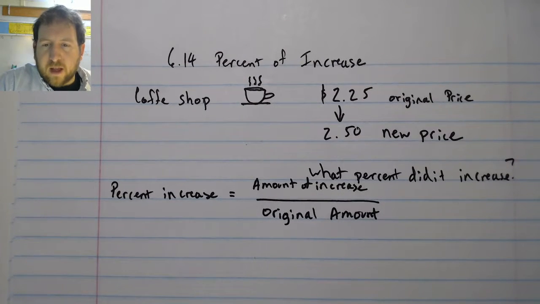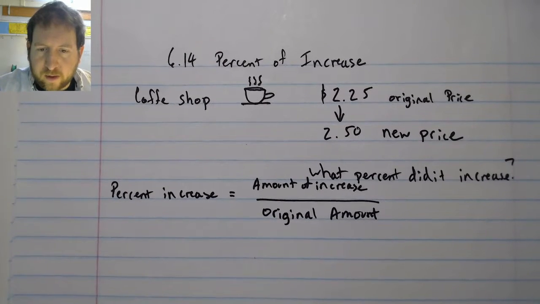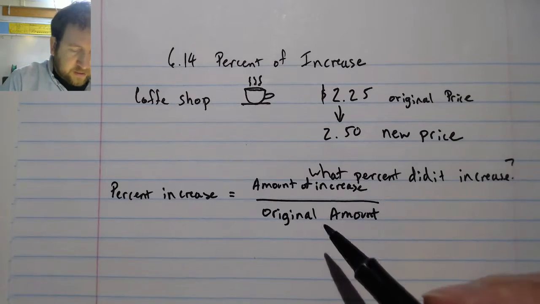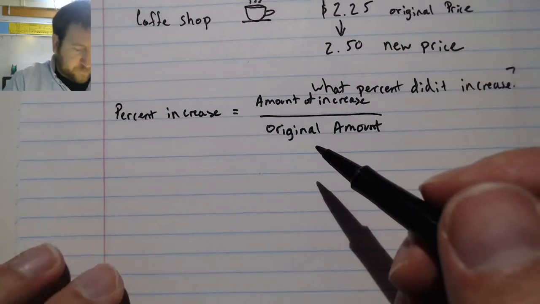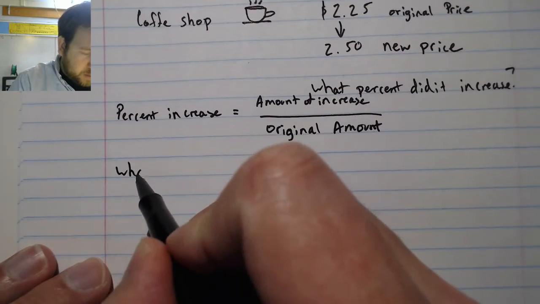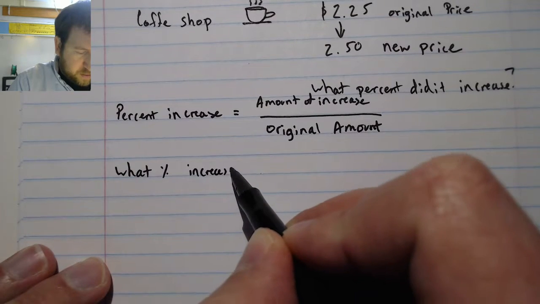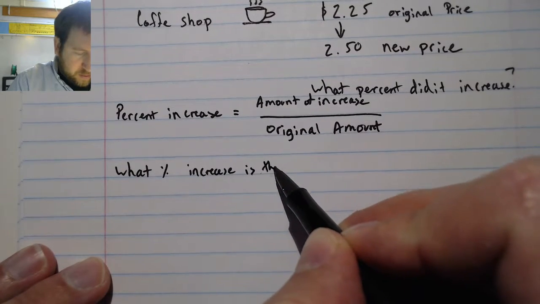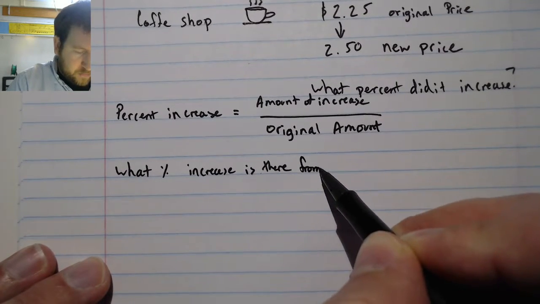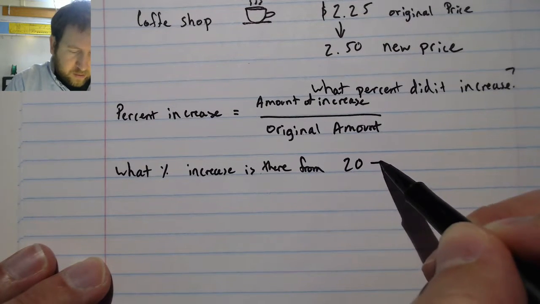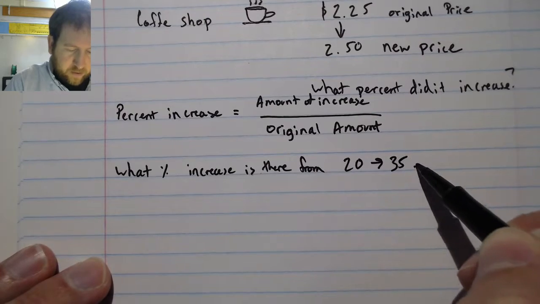So let's take a look at an example before we return to our coffee, okay? For example, what percent is the increase from 20 to 35? From 20 to 35.